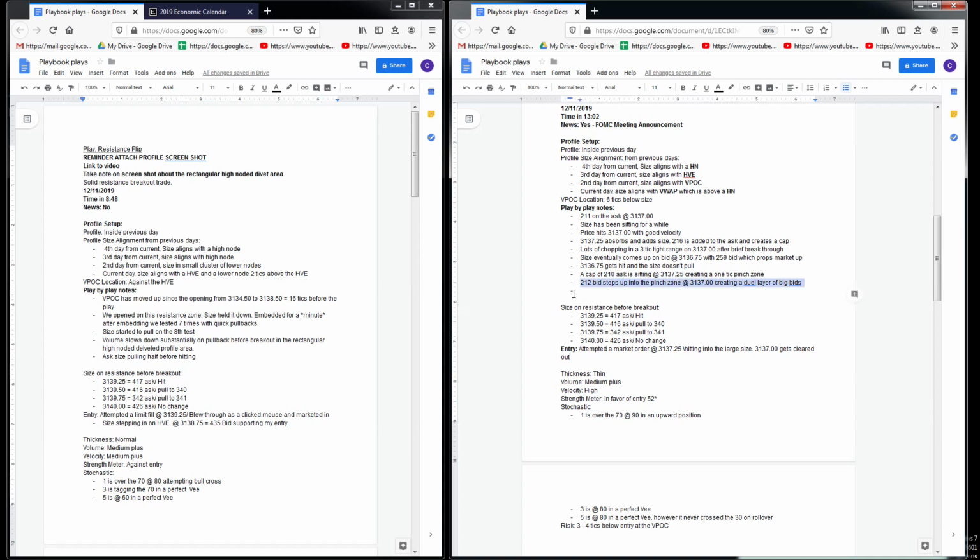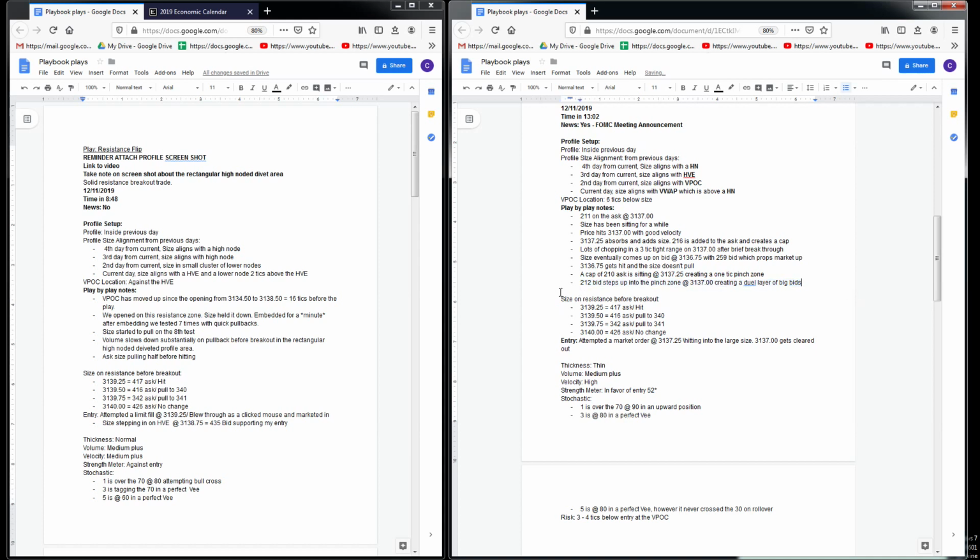So what I'm going to do, give me just a second. Attempted a market order at 3137, hitting into the large size. 3137 there and gets cleared out. 3136.75, bid pumps up to 325.